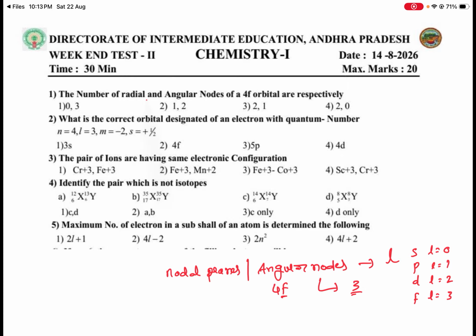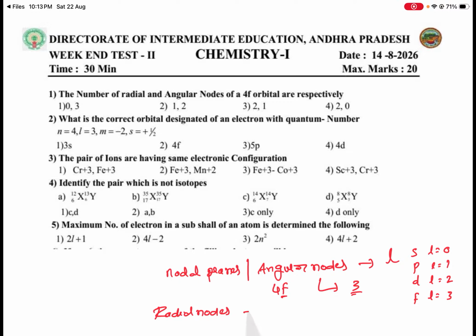Next they are asking radial nodes. Radial nodes are nothing but spherical areas inside an atom where the chance of finding an electron is 0.